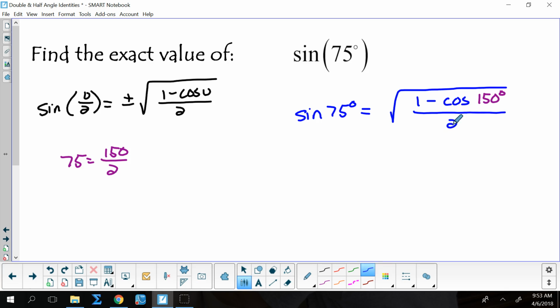So that's 1 minus cosine of 150 degrees, which is negative root 3 over 2, and then over 2. Again, multiply both top and bottom inside the fraction by 2.